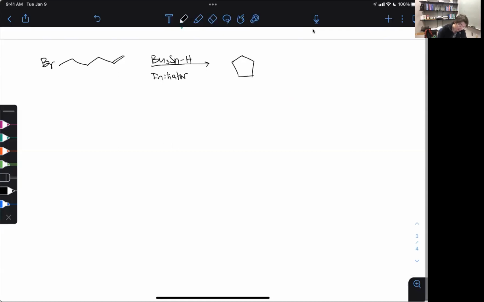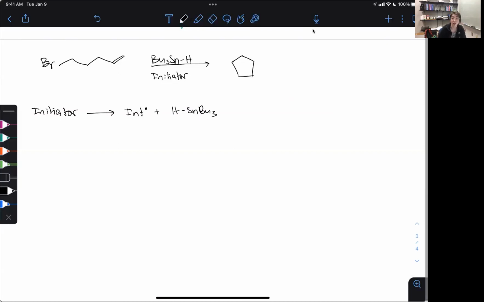And so the way that it does that is just like previously, we have to go through an initiation step. Okay, so whatever initiator that we've picked, there's a bunch of different types, it doesn't really matter which one. All it does is it just needs to make a radical easily. So once we have made our first initiated radical, that can react with our tributyl tin hydride.